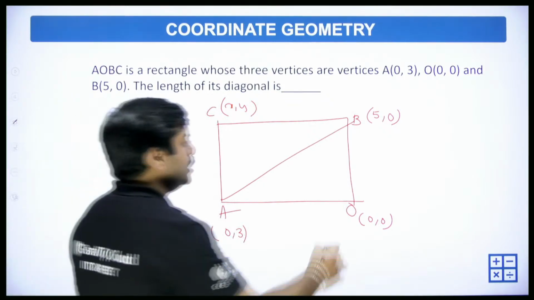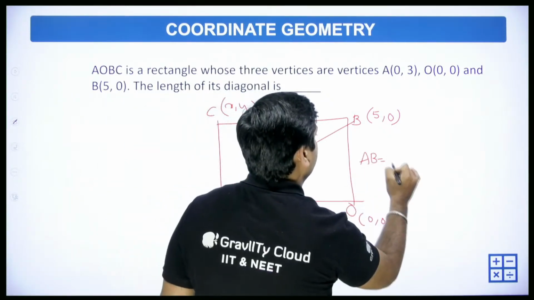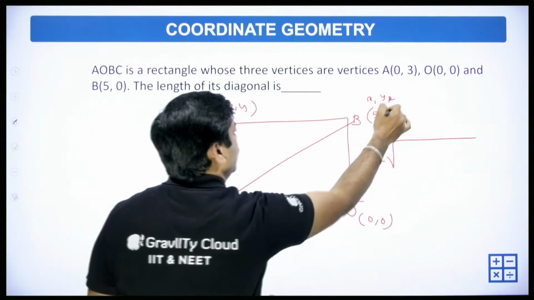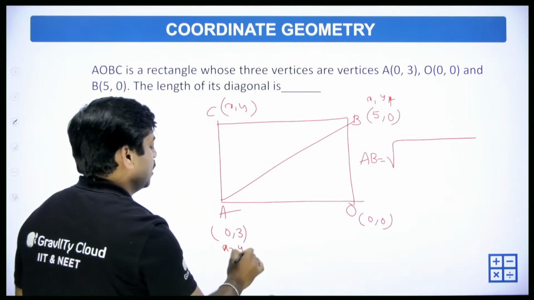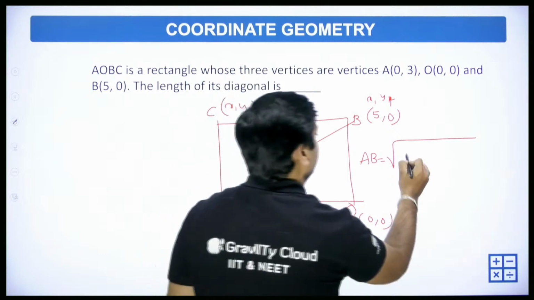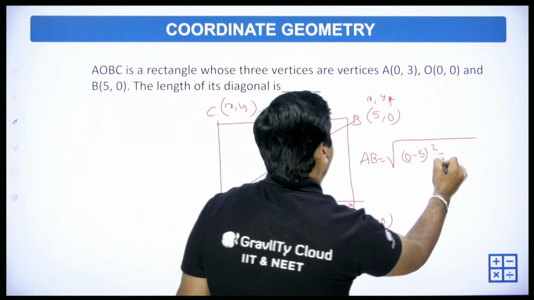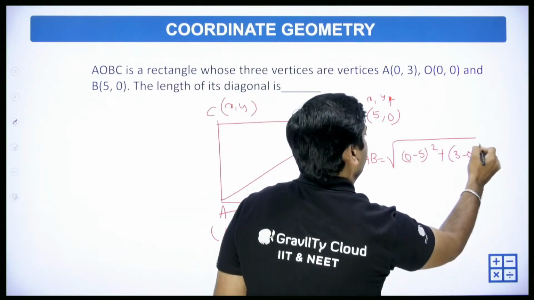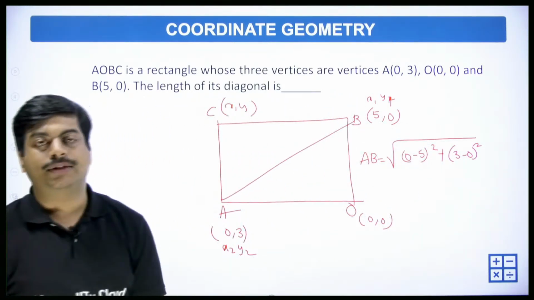So AB is equal to root over (x2 minus x1) whole square plus (y2 minus y1) whole square, where this is x1, y1 and this is x2, y2. So (0 minus 5) whole square, plus (3 minus 0) whole square. That is the distance between 2 points formula.